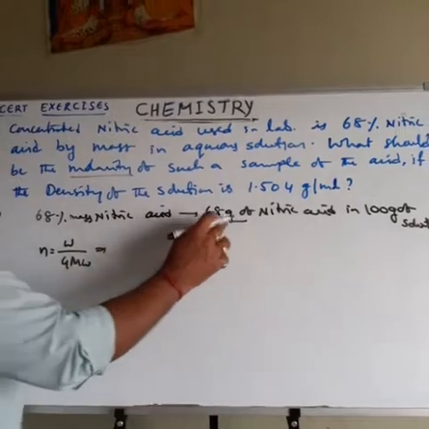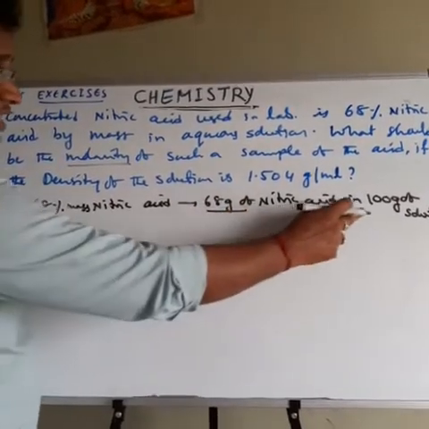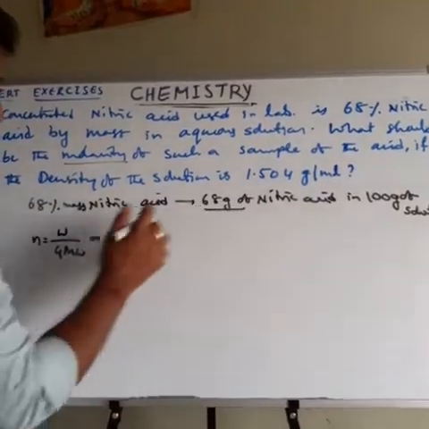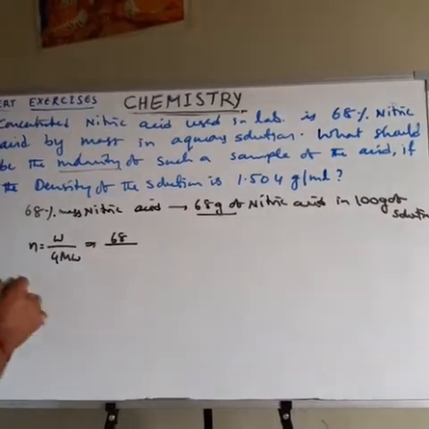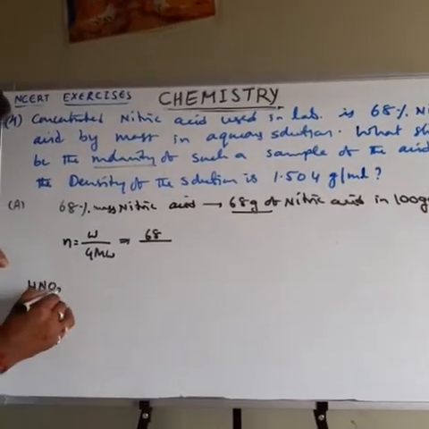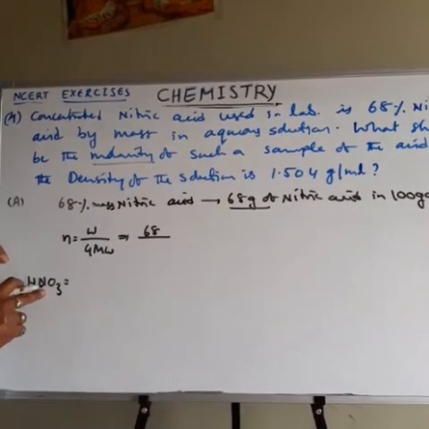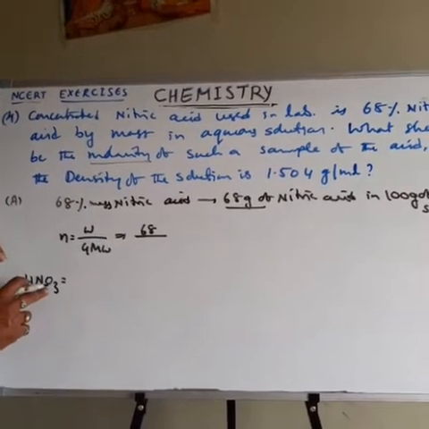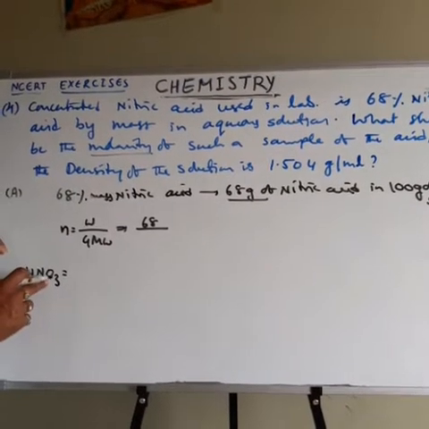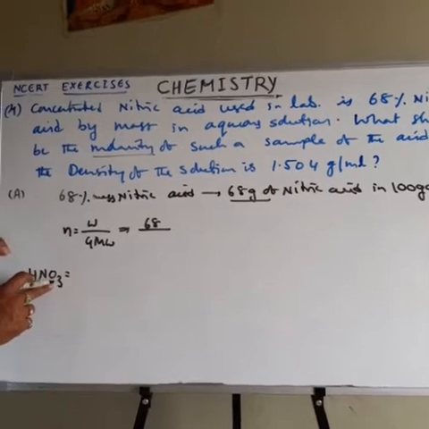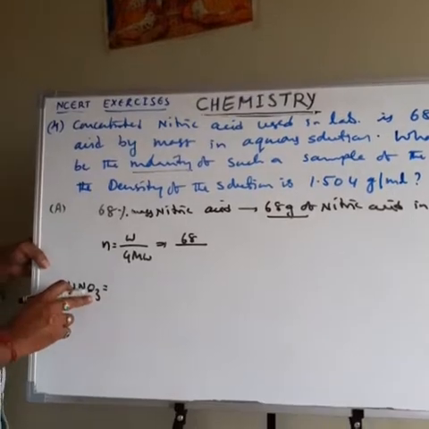Here nitric acid is the solute, 68 gram, divided by the molecular weight of HNO3. Hydrogen 1, nitrogen 14, oxygen 16 times 3 is 48.